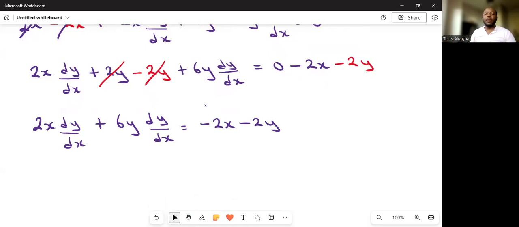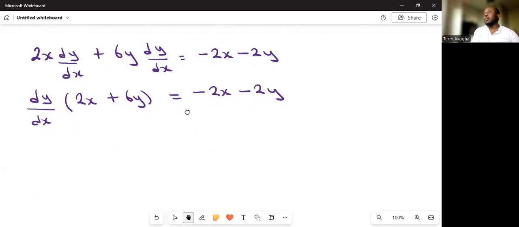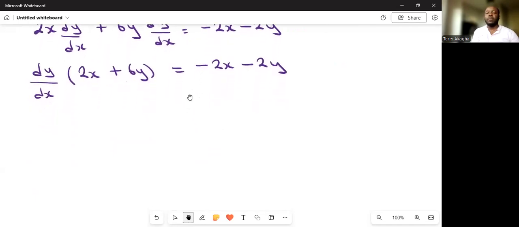Now, the next step is that you then have to collect like terms, okay? Because we are making dy over dx the subject of the formula, so we're going to collect like terms. So the common thing there is the dy over dx. And then you're going to have 2x plus 6y will be equal to minus 2x minus what? 2y. Okay? Then when you're done with that, you'll have to make dy over dx the subject of the formula.